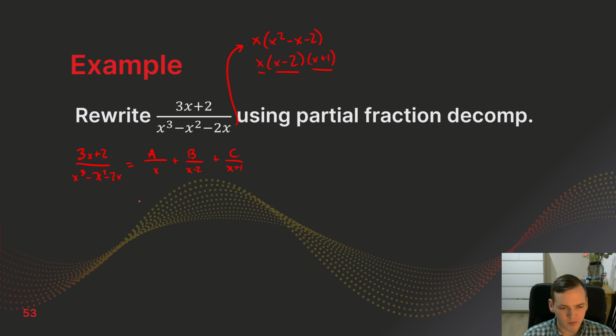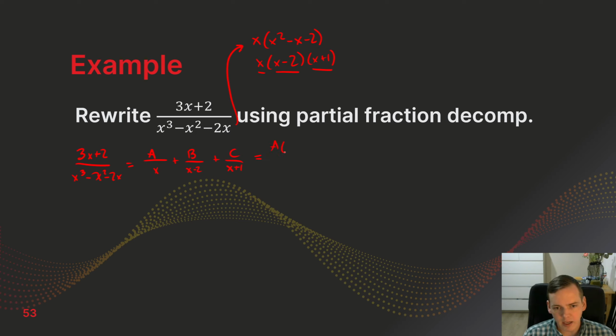So let's start figuring out ways to make them look more equal. The first thing we want to do is write the right side as a single fraction. So that means we need to find a common denominator.